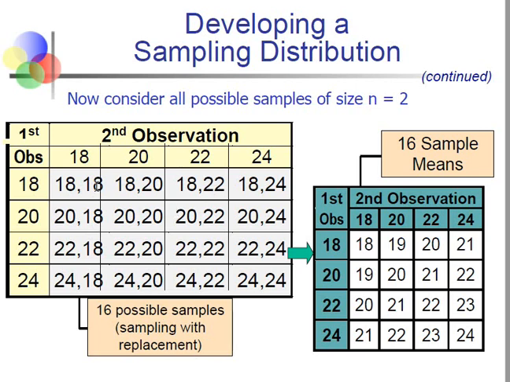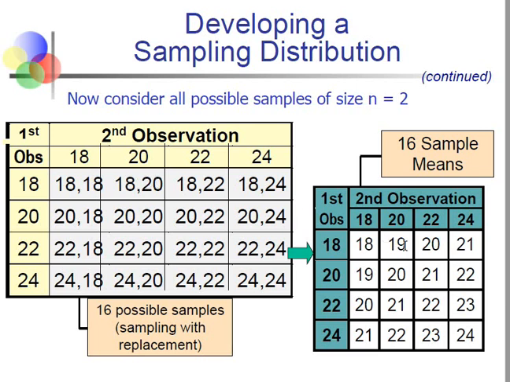This brings us to our main concept. From these samples, we can find a mean. For the sample 18 and 18, the mean is 18 plus 18 divided by 2, which is 18.